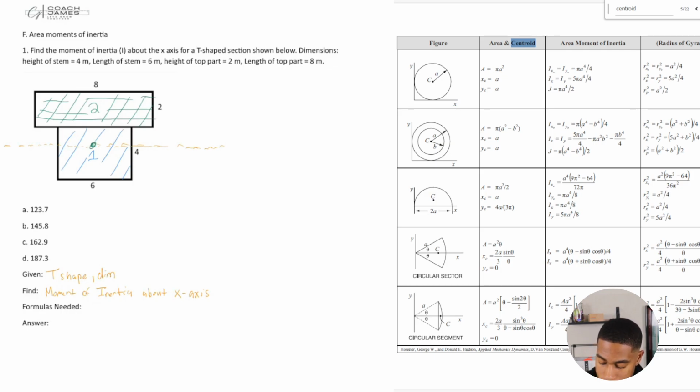But we have to compare that to the center of each individual piece, which might be here and here. Well, not as far as y is concerned, right? So I would assume that my centroid is going to be there of that piece and about here of this piece.